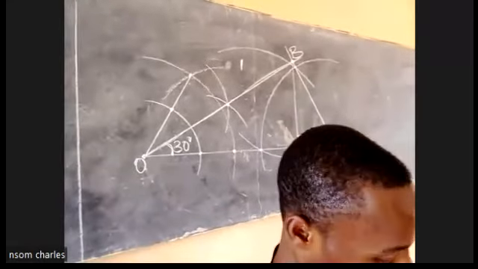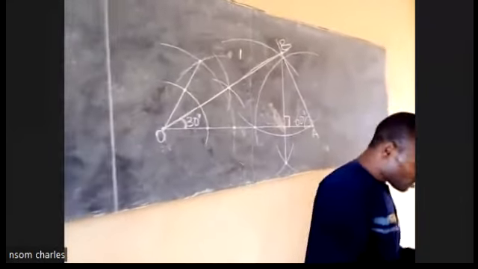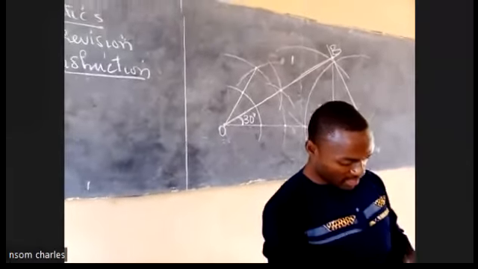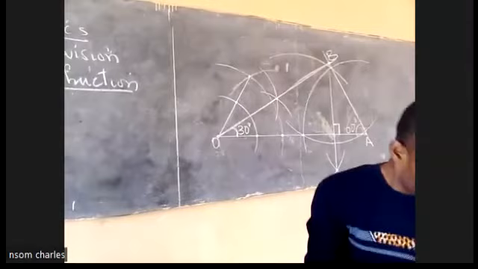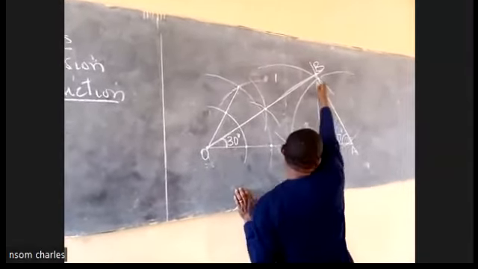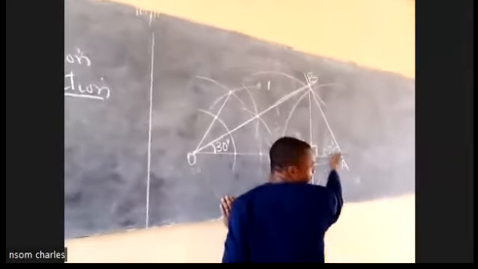So, the last part of the question says we should measure BD. So, that point D is the point where the perpendicular from B meets the line OA.